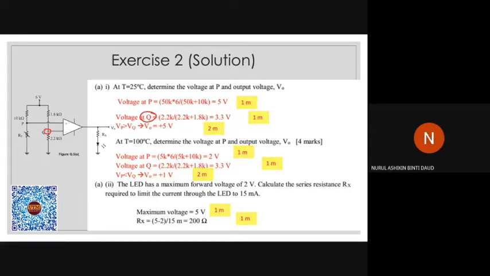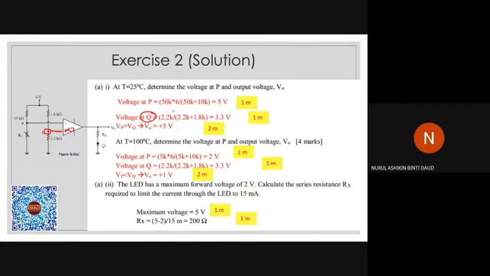Same as just now, we assume that there is no current flowing here because the input impedance is too high. So the current will only flow at this point. Same as before.